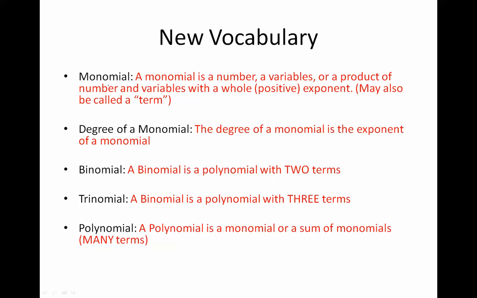So the first one is a monomial. A monomial is a number, a variable, or a product of numbers and variables with a whole number positive exponent. We've been calling this a term for a long time, which is what you might recognize it as.